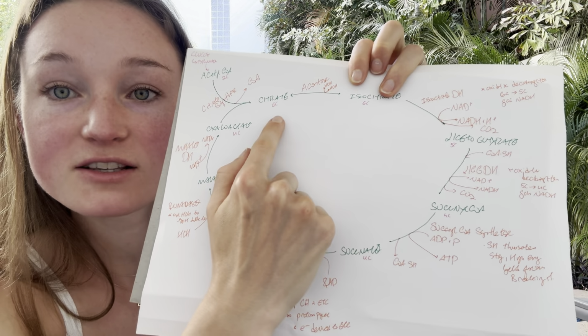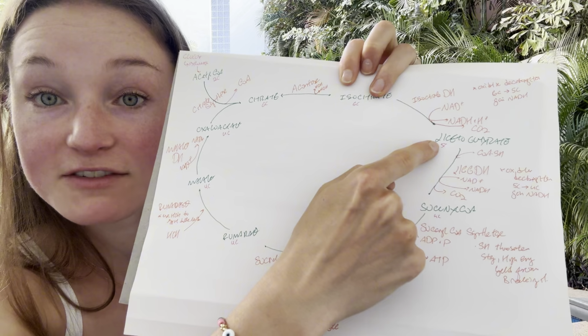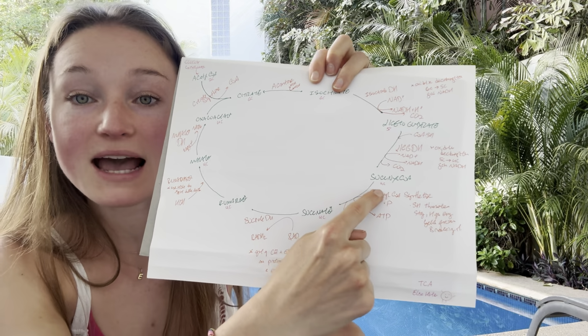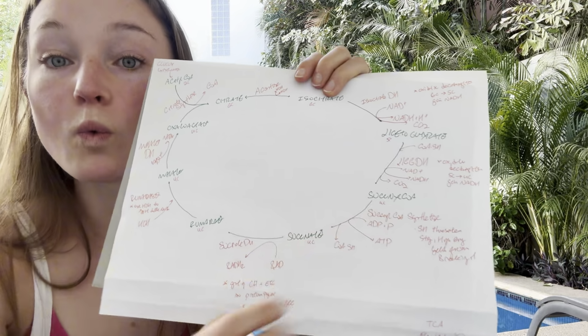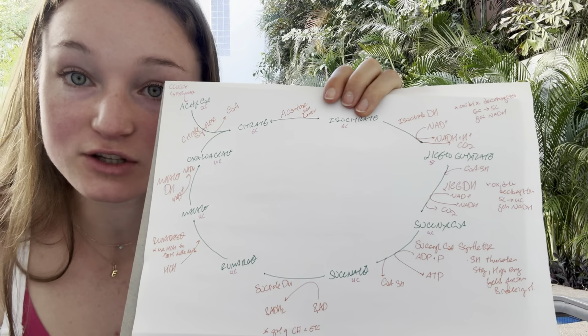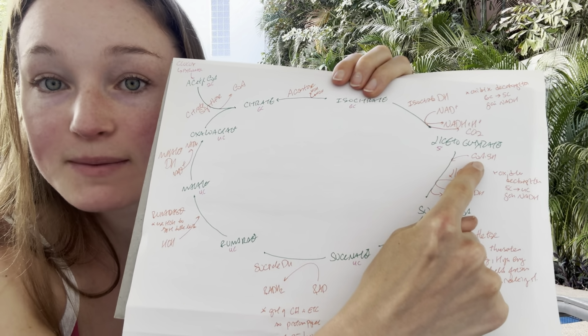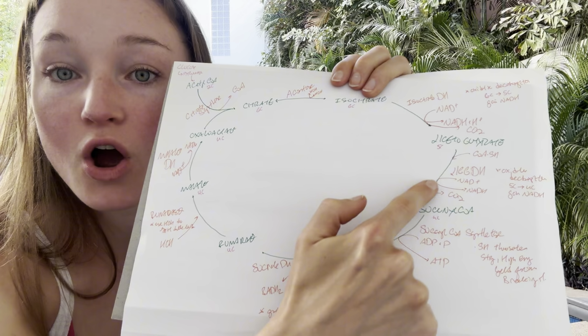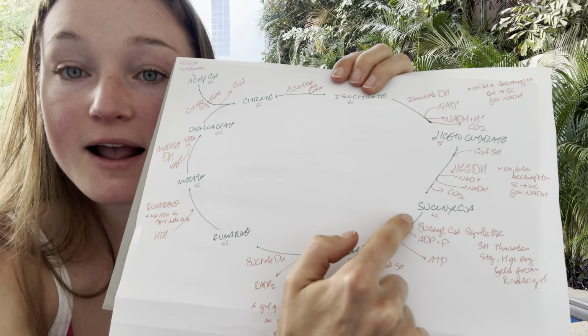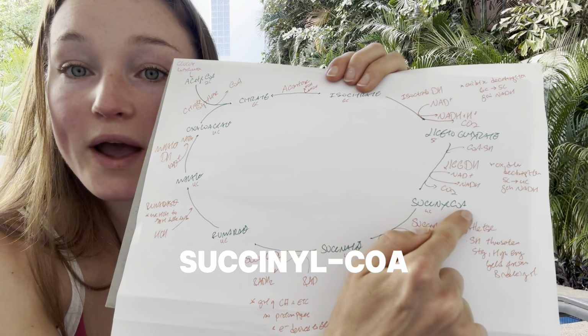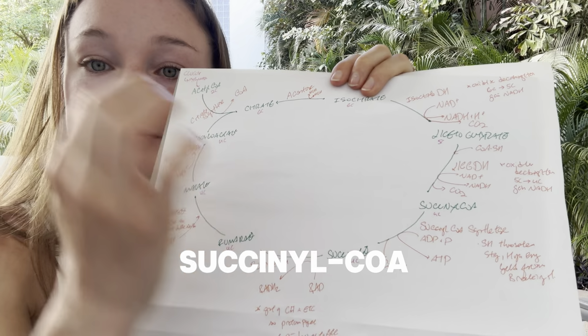We've gone from 6-carbon to 5-carbon, now to 4-carbon at Succinyl CoA. What alpha keto glutarate dehydrogenase also does is it adds CoASH, coenzyme A, with a thiol group onto alpha keto glutarate, and it gives us Succinyl CoA, Succinyl CoASH.